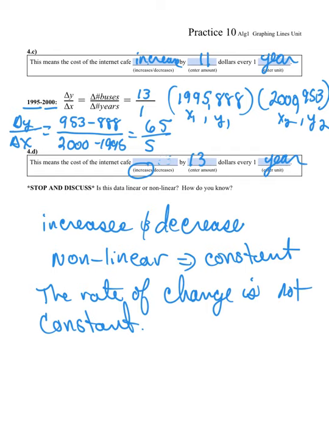Okay, so remember, there are 3 ways to find slope. And when we're looking for the rate of change, generally speaking, we will use the slope formula, y sub 2 minus y sub 1 over x sub 2 minus x sub 1. And if things are linear, it has a constant rate of change.